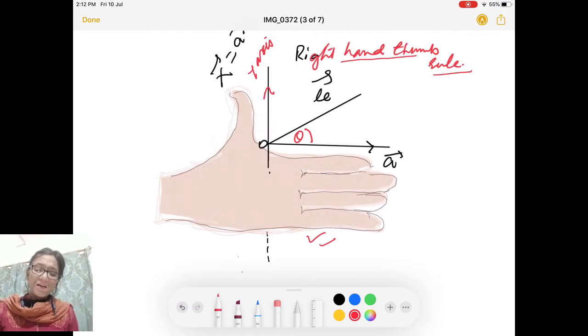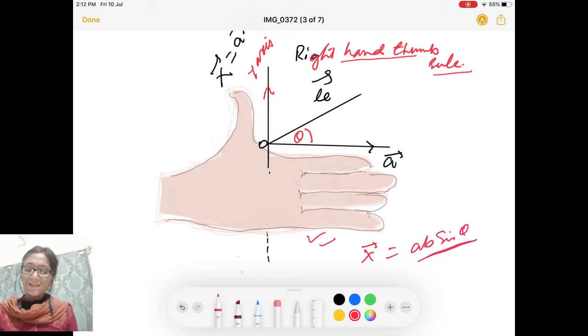So in this case, the vector product of the two vectors is, firstly, the magnitude AB sine theta, and for the direction, which is along the positive y-axis, you write j cap, the unit vector along the y-axis.